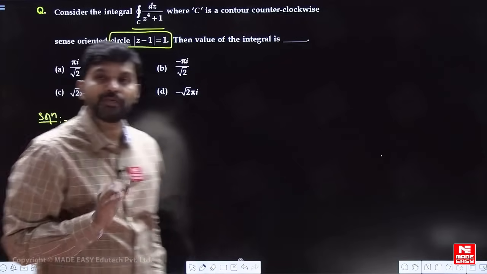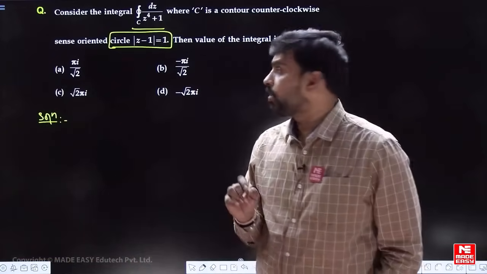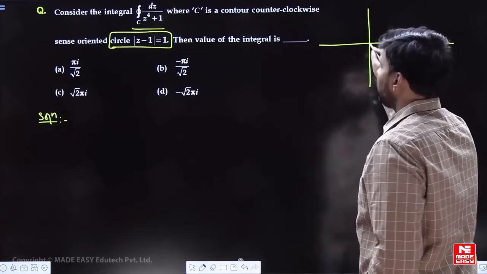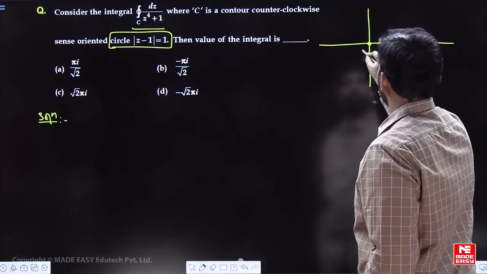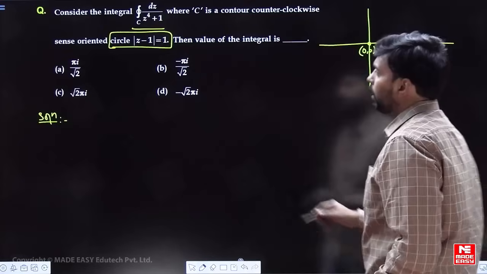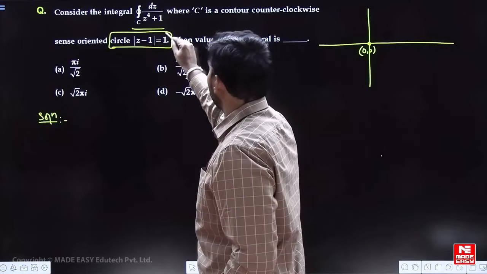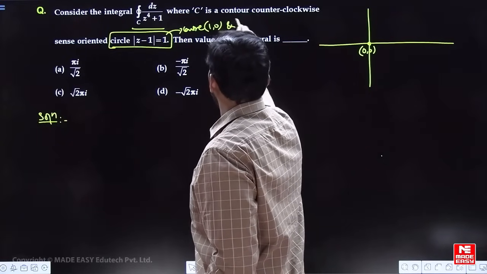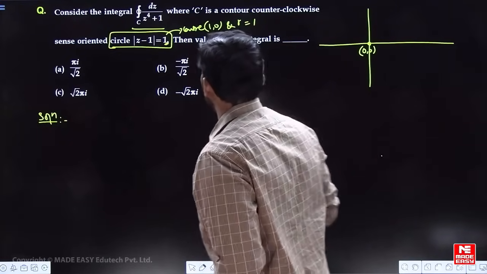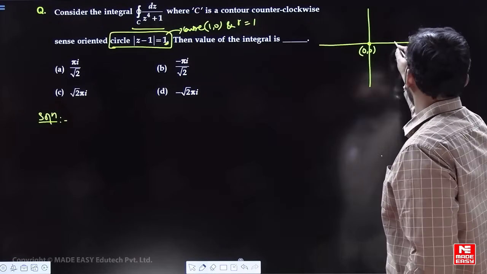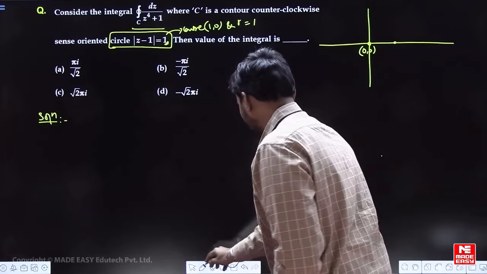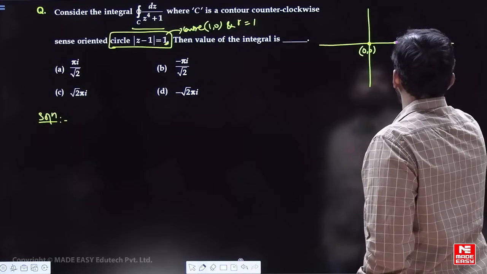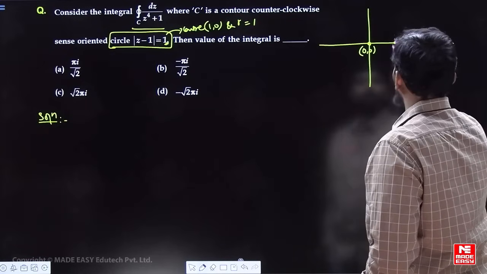There is a concept of complex integration when c is a closed contour. Let us draw this contour. This is the origin. The center is 1 comma 0, a point on the x-axis, and the radius is 1.